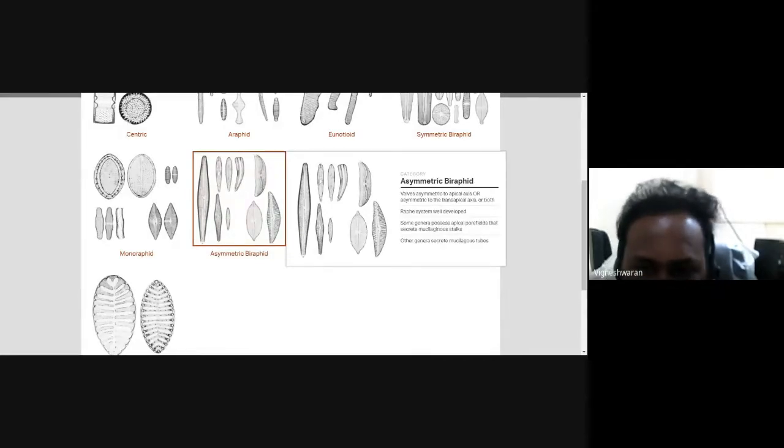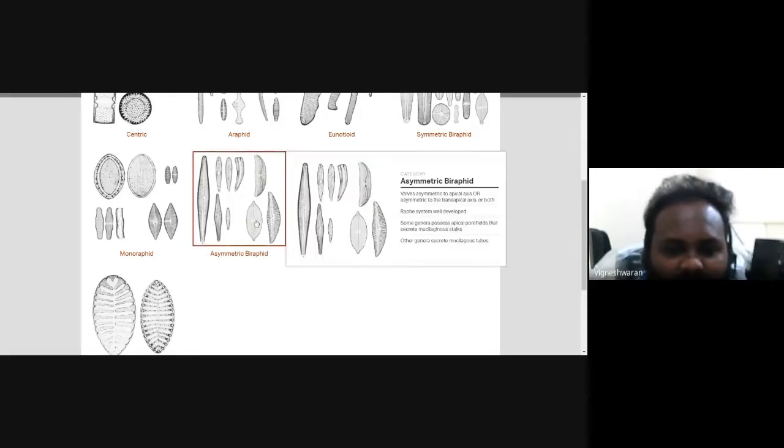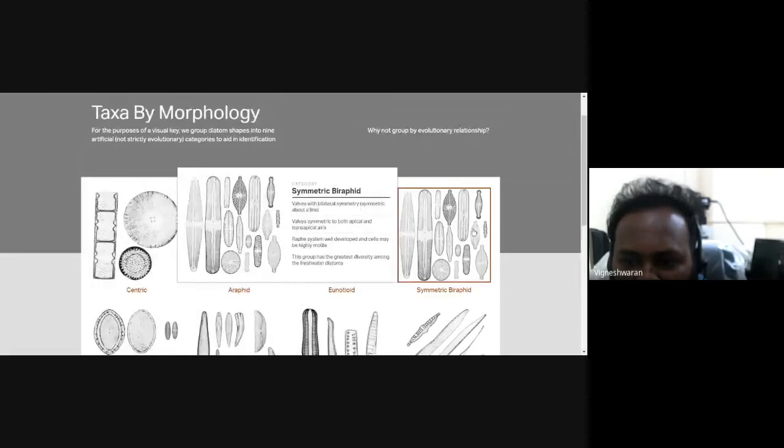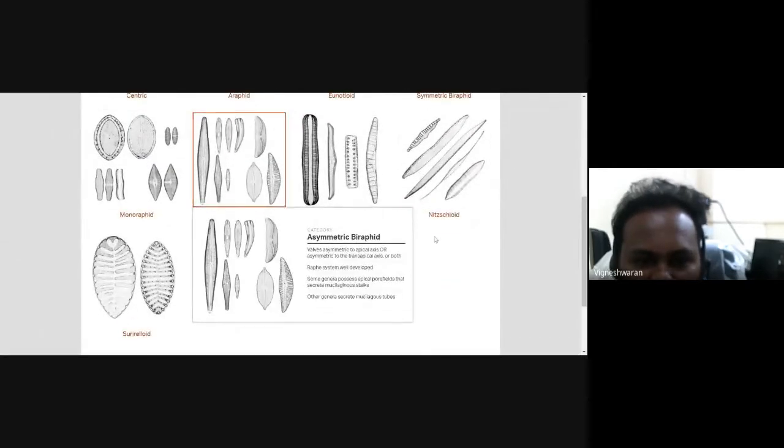We can clearly see that it is not symmetric. These diatoms also have raphe on both sides, and they are asymmetric. So it is the opposite of symmetric. Here symmetric diatoms are there, and this is asymmetric. Okay.